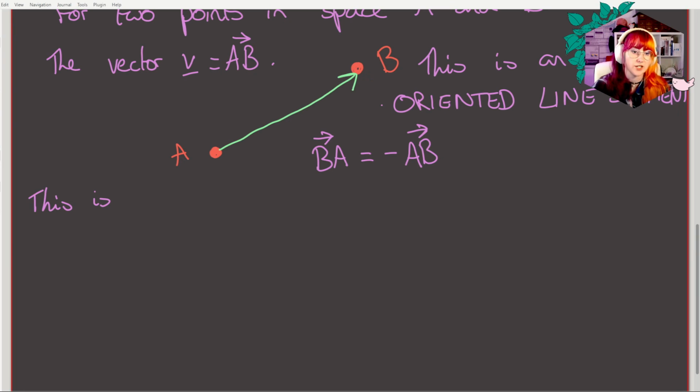So most vectors are actually defined from some point to another point, and the point in space is normally starting at the origin.